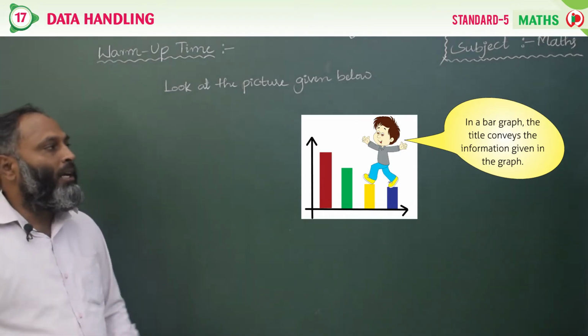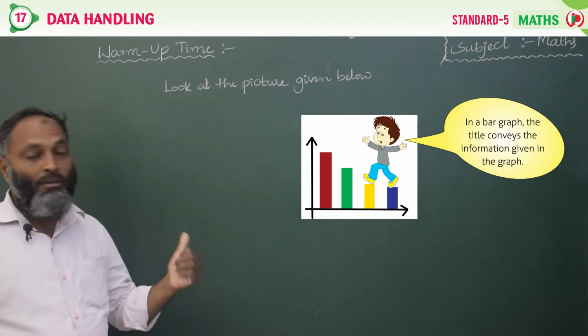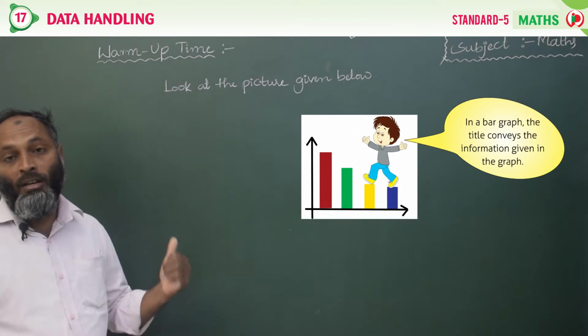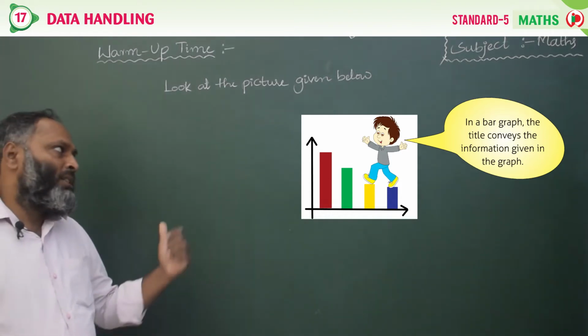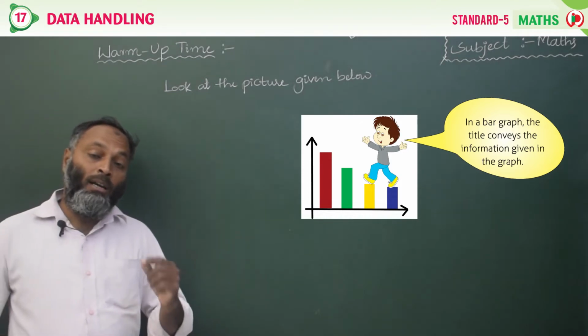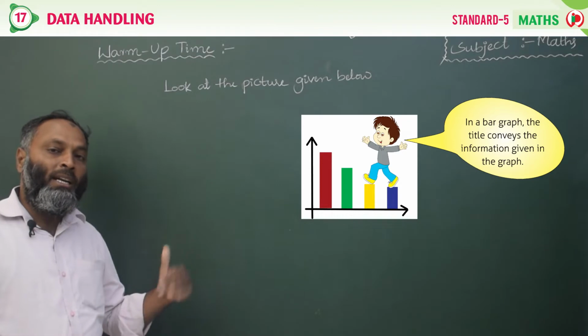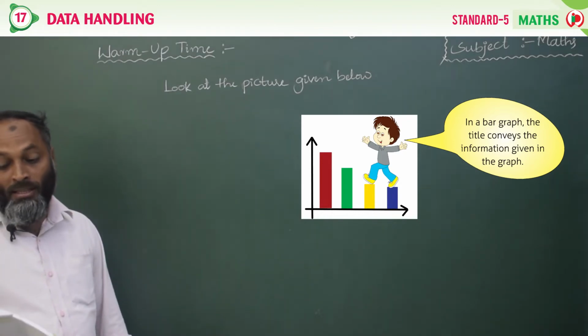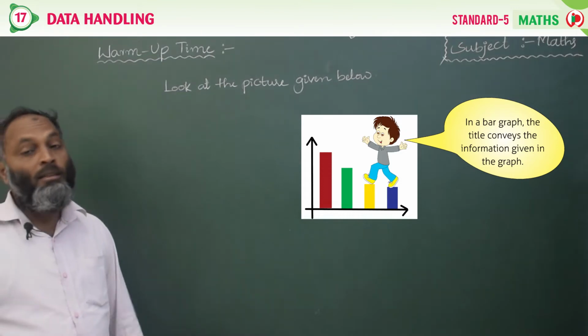Okay. So here in your textbook it is given. This is a bar graph. In the bar graph, what are we actually going to learn? The title conveys whatever the title shows. And the information, whatever information is given, is shown in the bars.